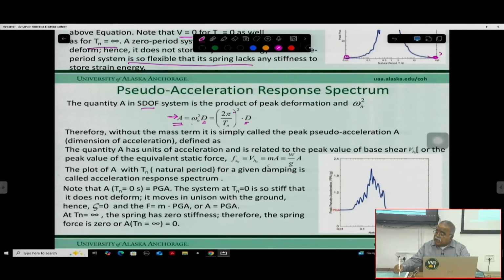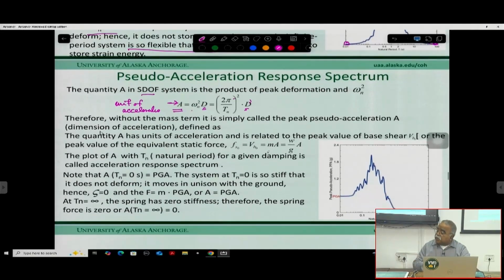A has a unit of basically the unit of acceleration, right? Because this D into D is the response, and then there will be Tn means 1 by second, and then 1 by second square. So it's the meter per second square. So it will be basically the response spectrum of this one.